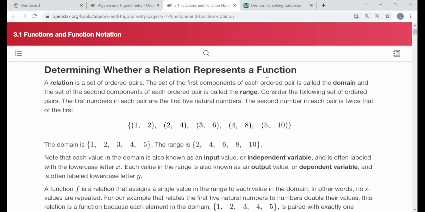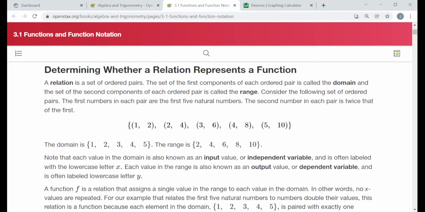Each example will either be an example from the reading, or one of the try it problems from the reading, or an exercise from the end of the section that's related to this particular objective.